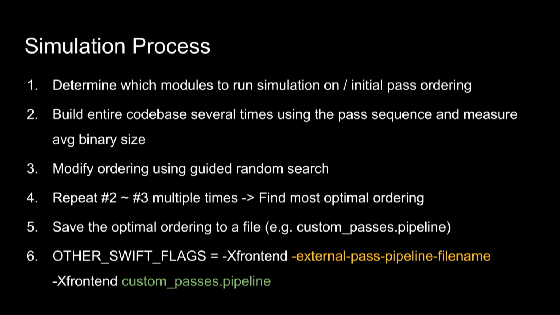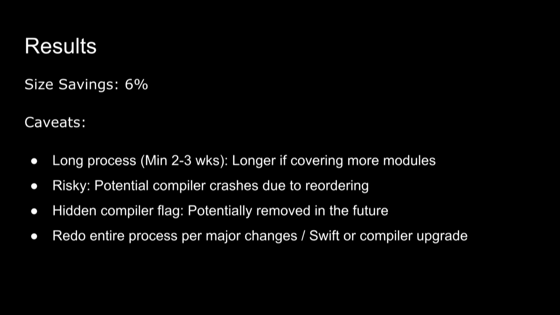Then we built the code base with the new sequence several times and measured the average number. Then we changed that ordering using guided random search again. We repeated these steps several times until we found the most optimal ordering. We then saved that to a file and applied that to a compiler flag called external pass pipeline file name. As a result, we got about 6% savings, but it came with some caveats.